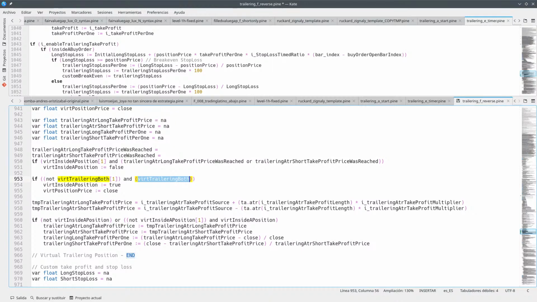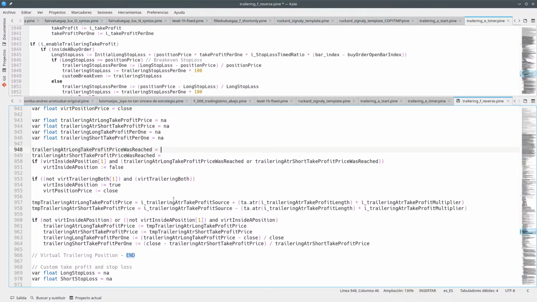Although that means that if you happen to end and then open a new one, you will never know if you have ended it. Yes, you would know, because we are using the previous candle here.